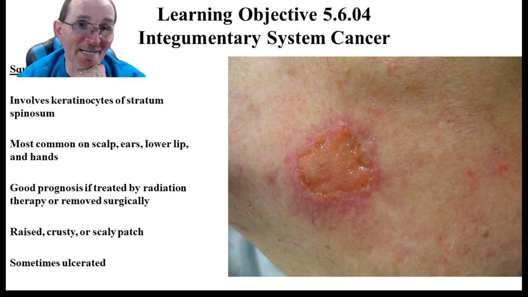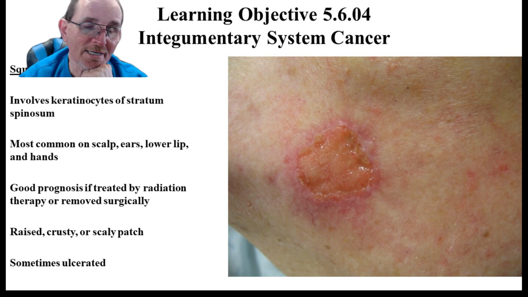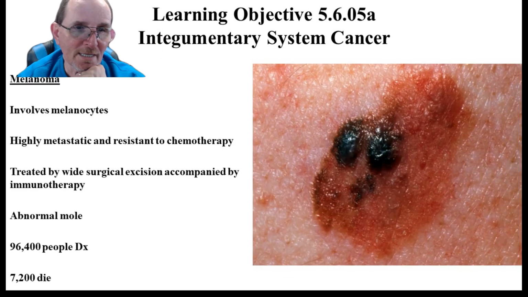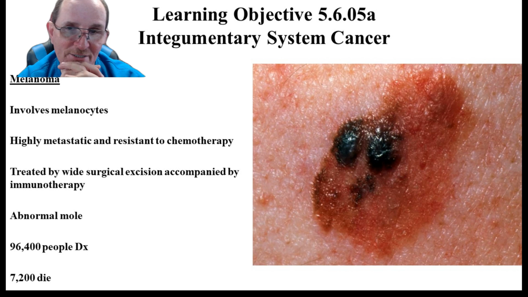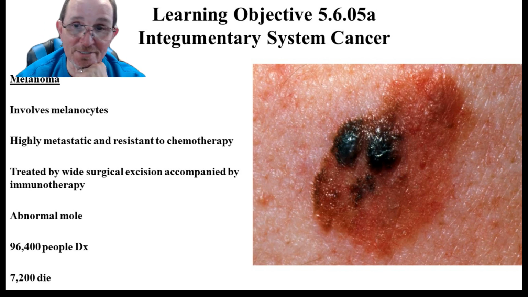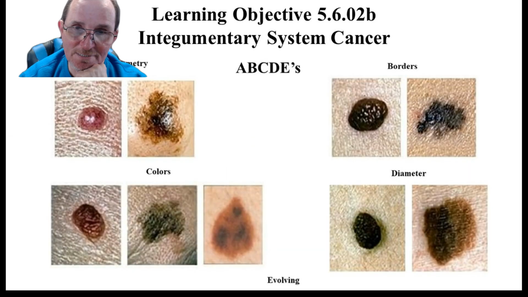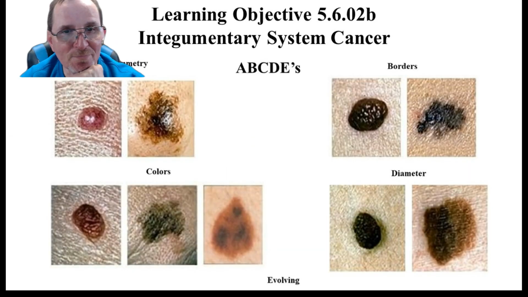In other words, make sure that we've got tissue that doesn't have any abnormal cells, and that lets us know that we've got it. Forgot about that. Anyway, surgical excision, immunotherapy. 96,400 diagnosed. I don't know if that's the latest. And about 7,000 die from this. So melanoma will kill you.